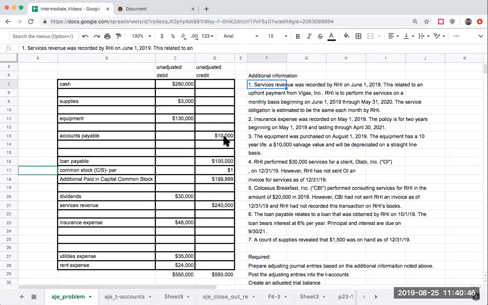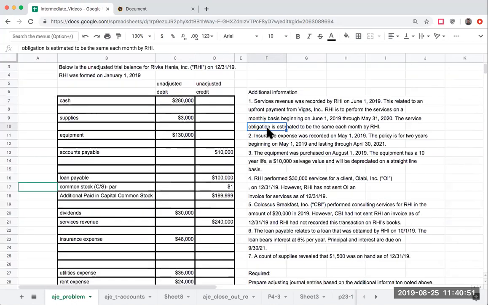The service obligation is estimated to be the same for each month by RHI. So I'm looking at this $240,000, and when I show it here, if I'm recording revenue, this needs to represent revenue that I earned during the period of time that I'm looking at.